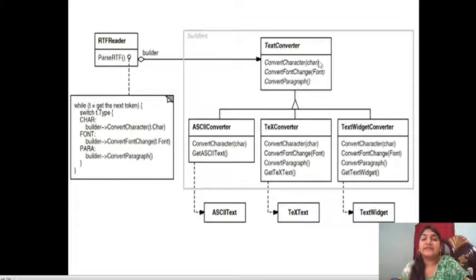Here the builders are text converters, like the ASCII text converter. The RTF reader is using converters like an online converter. Here I want a PDF format or Word format or RTF format, or another ASCII format, a normal plain notepad document. All this can be defined in the motivation.